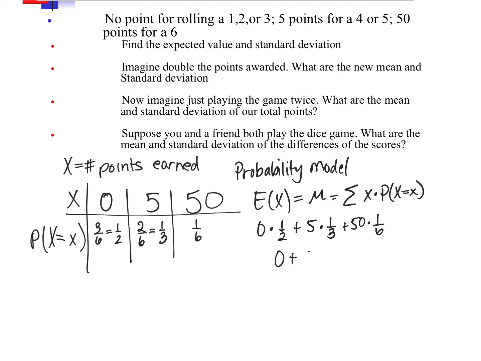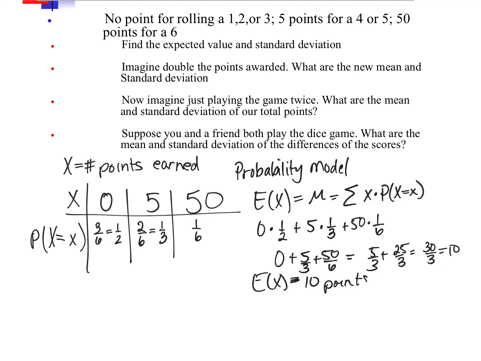And so that's 0 plus 5/3 plus 50/6, which we'll reduce to 25/3, and that's 30/3, which is 10. So my expected value is 10 points. Now that's not an actual possibility, but what this means is if you played the game over and over again, an infinite number of times, you would average 10 points per play. That's what the expected value means.